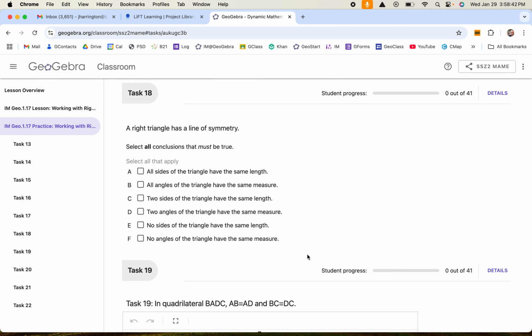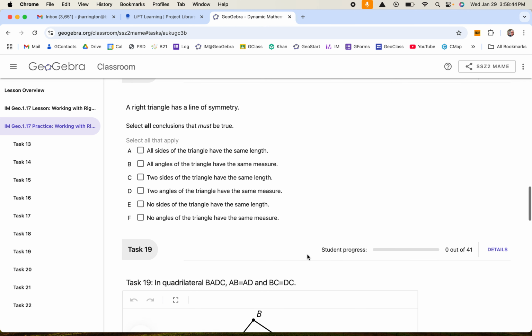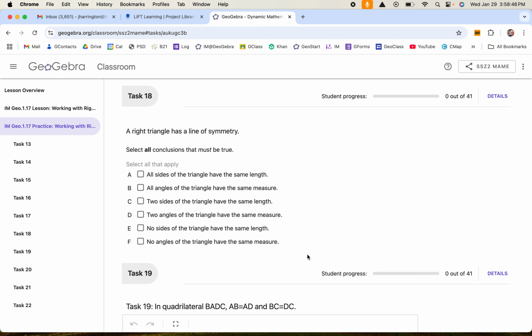Task 18. A right triangle has a line of symmetry. A right triangle, as we know, is a triangle that has a right angle in it. We imagine this triangle, and we're told that it has a line of symmetry, a line that, if you use it as a mirror, will reflect across onto itself.